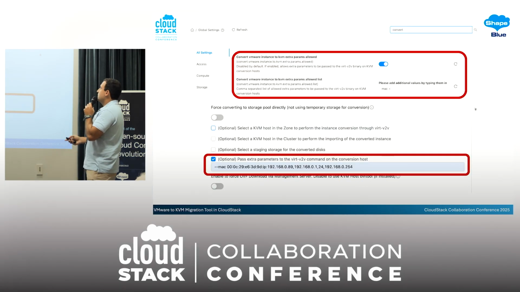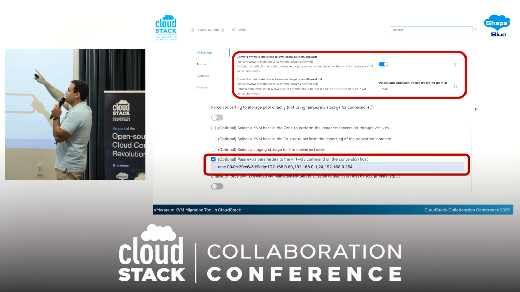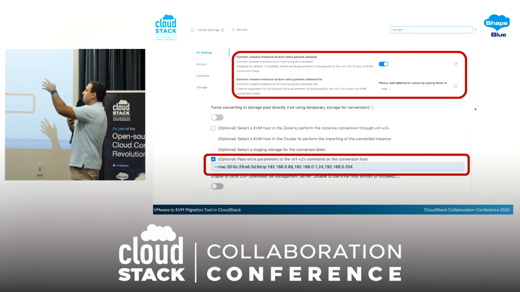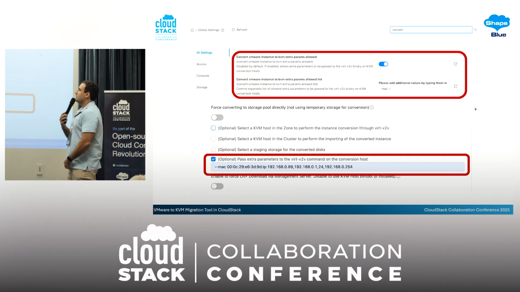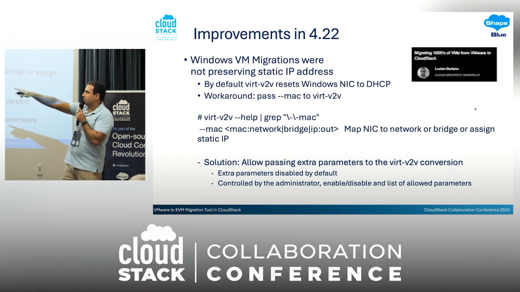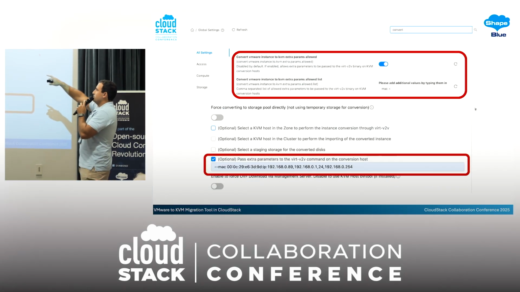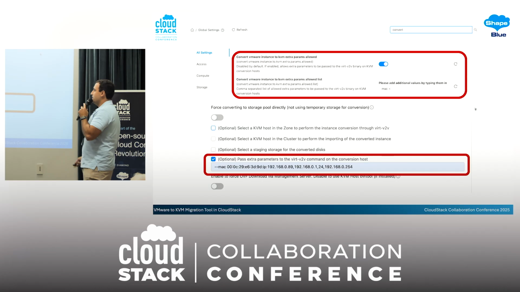But of course, to prevent security issues, we need the administrator to enable that via a global setting, and also to whitelist which parameters will be allowed. For example, if we want the mac parameter, the administrator needs to add the mac parameter there as well.